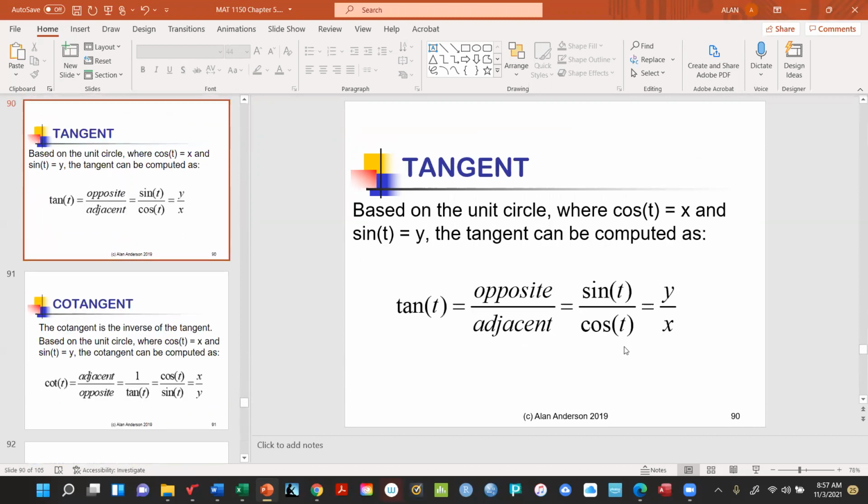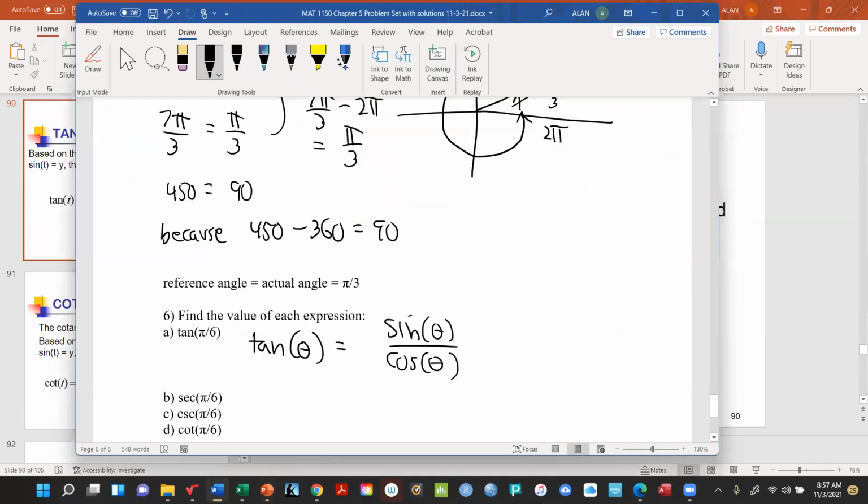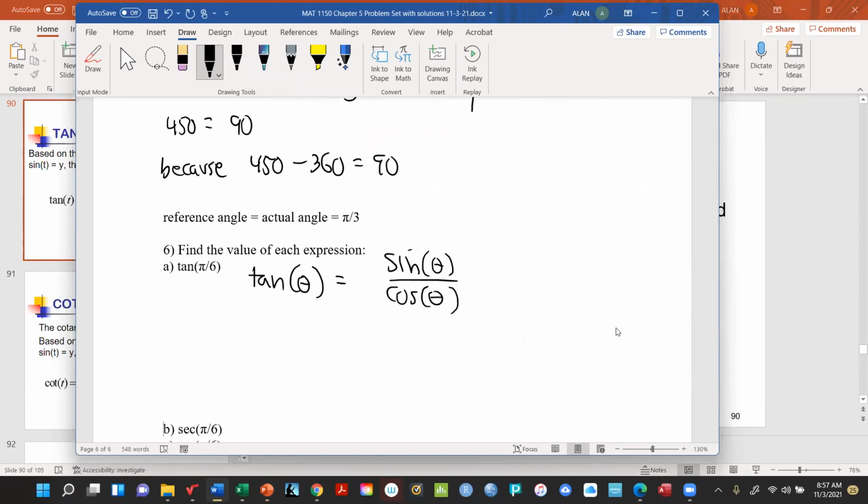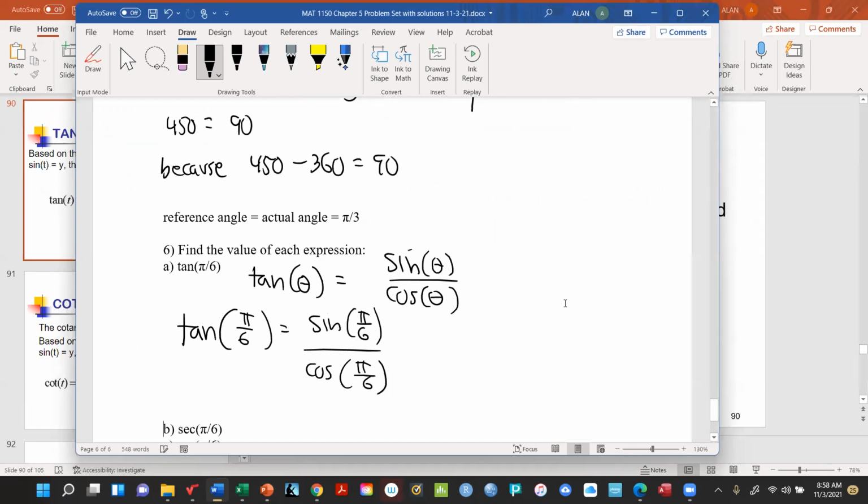Oh no, here they are. So yeah, a tangent is equivalent. So what you can do here is actually calculate with your calculator these two. Actually, what you could do is go to the unit circle first.